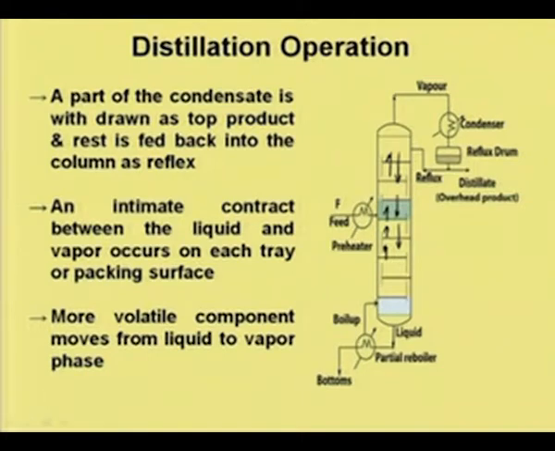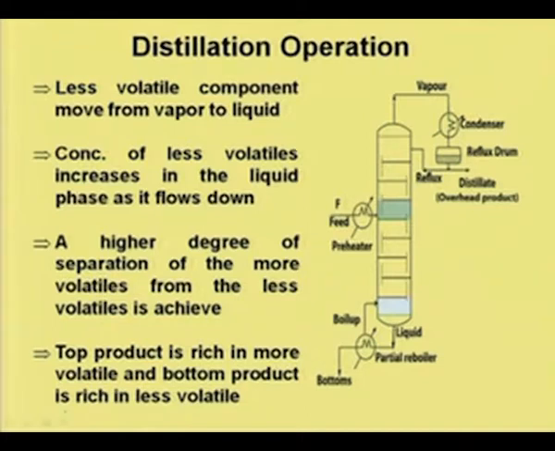So, the more volatile component transfers from the liquid phase to the vapor phase, and the less volatile component moves from the vapor phase to the liquid phase. The concentration of the less volatile increases in the liquid as it flows down, and the concentration of the more volatile increases in the vapor phase. So, a higher degree of separation of the more volatile from the less volatile is achieved.